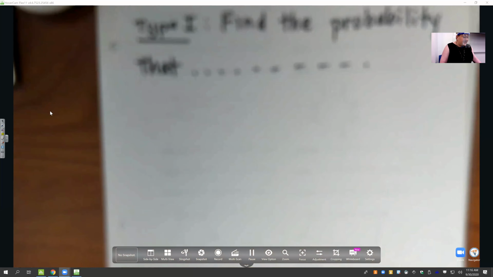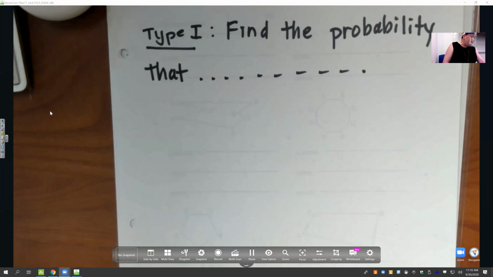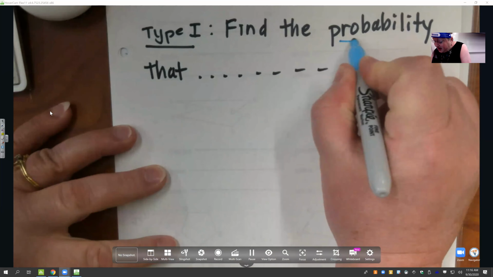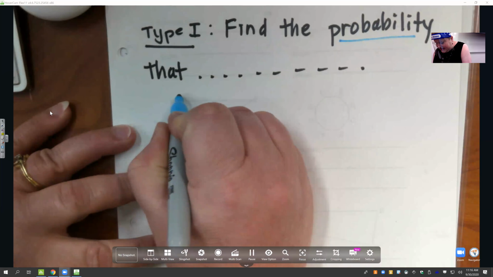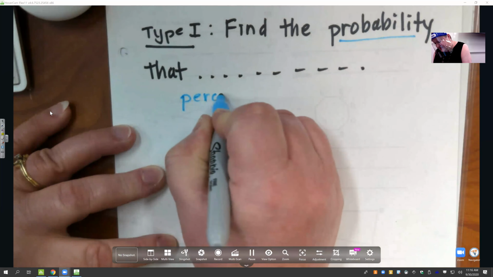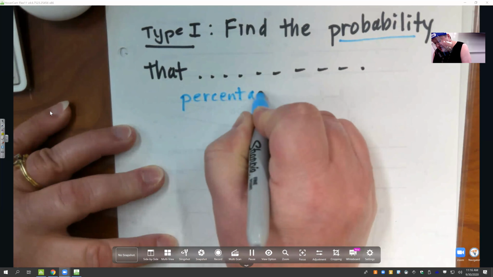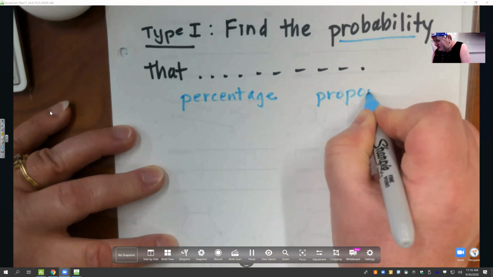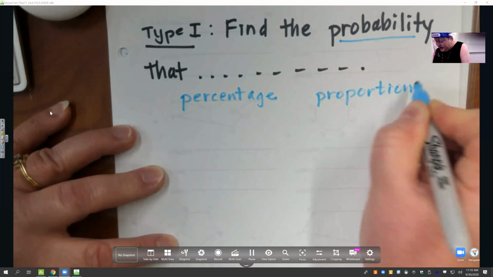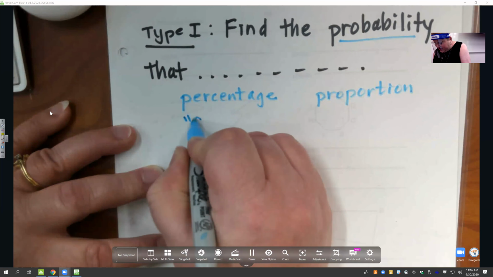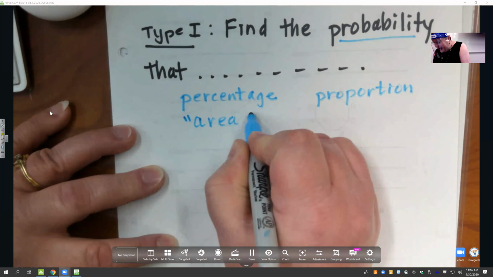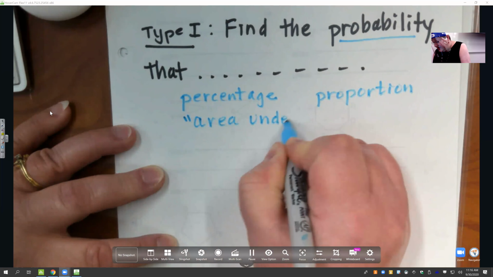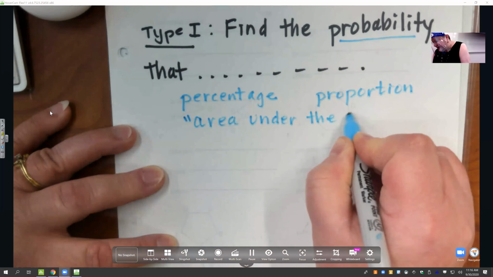Now, there are some synonyms that are used instead of the word probability. They can interchange those words. Instead of probability, you might see the word percentage. You could also see the word proportion. And if they want to get real technical, it could say find the area under the curve.